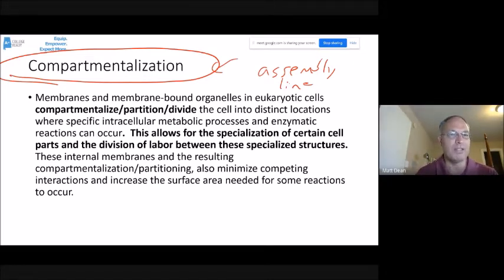That's what compartmentalization allows to happen in a cell. It allows for specialization, division of the labor, dividing up the work, and it increases the overall efficiency of the cell. So organelles are about compartmentalization.